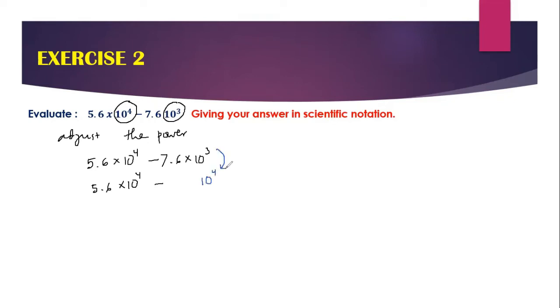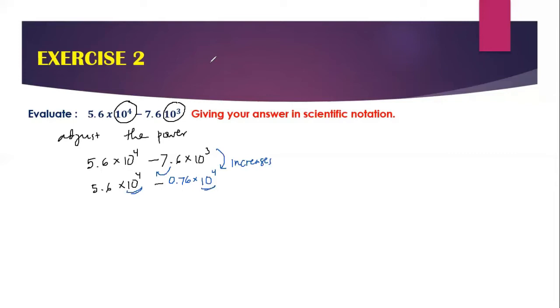So this power increases, right? The power increases means the decimal will move left. So it will be 0.76 times 10 to the power 4, right? Now we have the same exponent here, 10 to the power 4, 10 to the power 4.